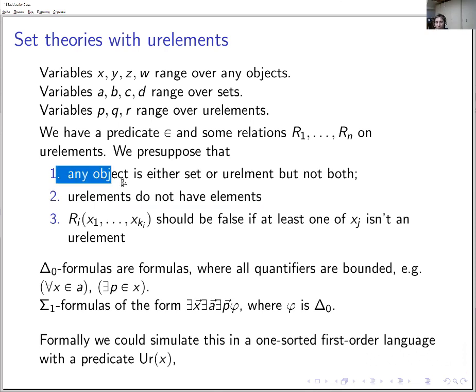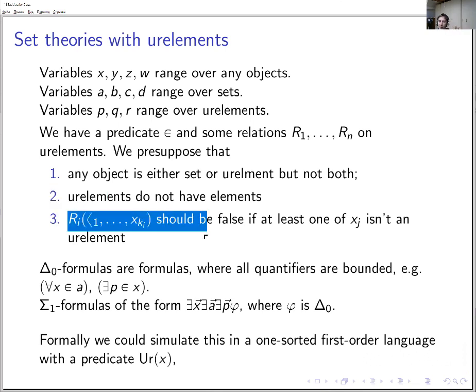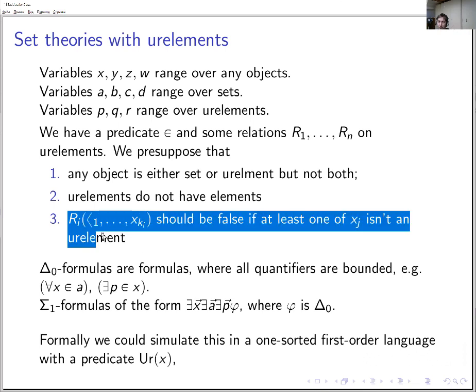One is automatic, because a unary predicate always splits your domain into two disjoint parts. Then you should have axioms stating that urelements do not have elements.